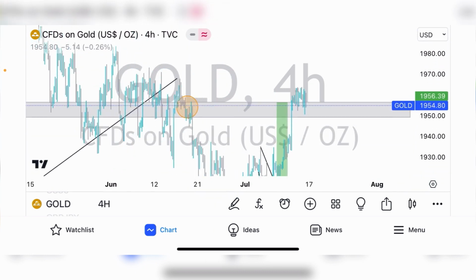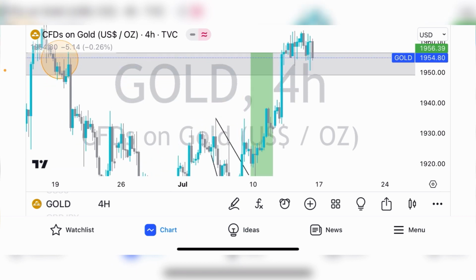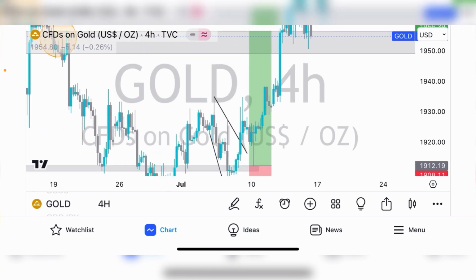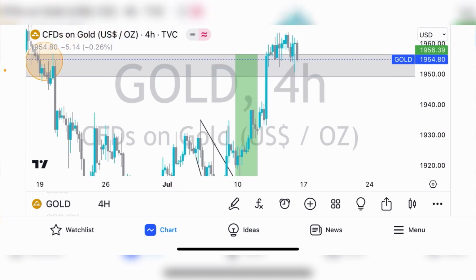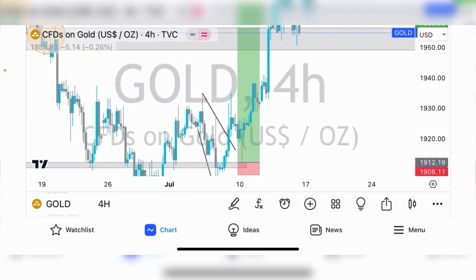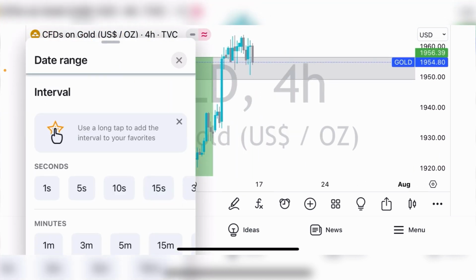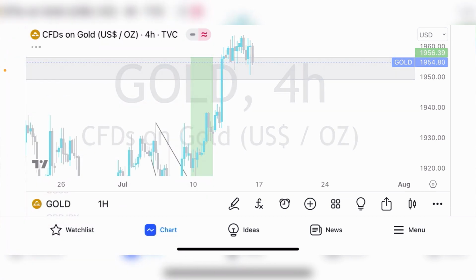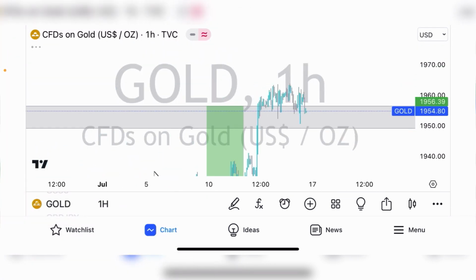But the market, it looks like it's forming some sort of continuation pattern around them. So let's just zoom in and see what's going on.